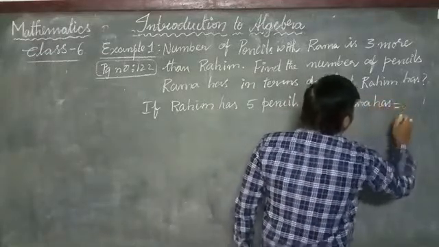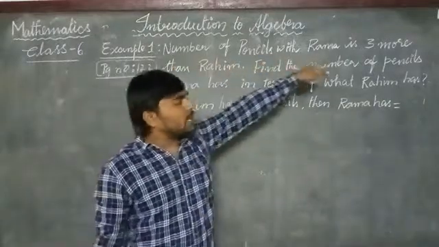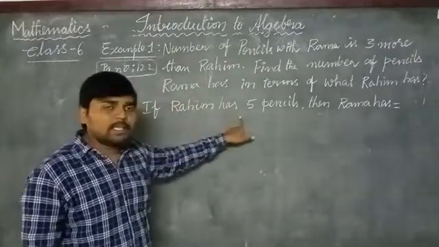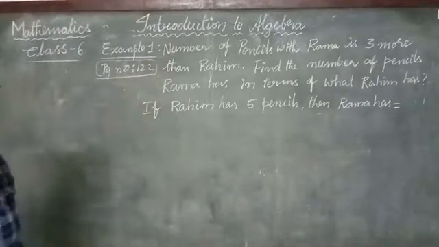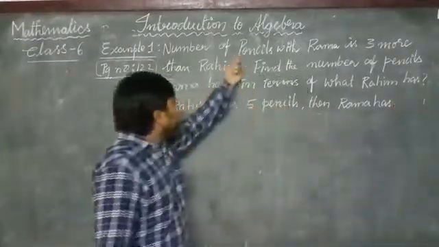The given condition is that the number of pencils with Rama is 3 more than Rahim. If Rahim has 5 pencils, then Rama has 5 plus 3, 8 pencils, because Rama has 3 more pencils than Rahim.